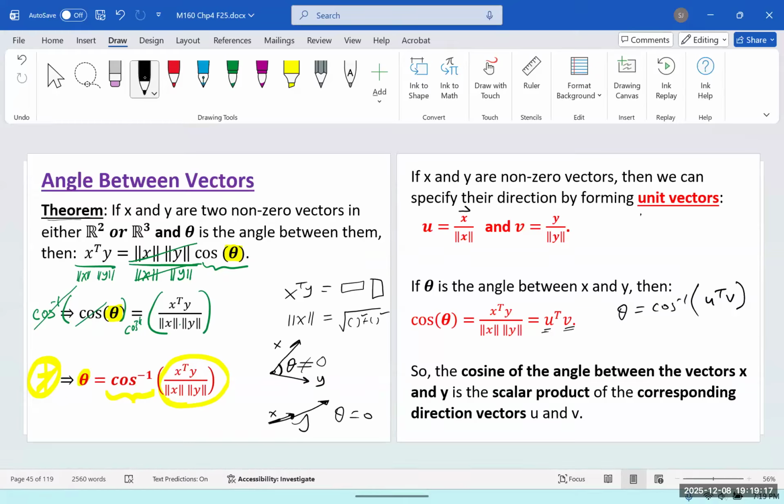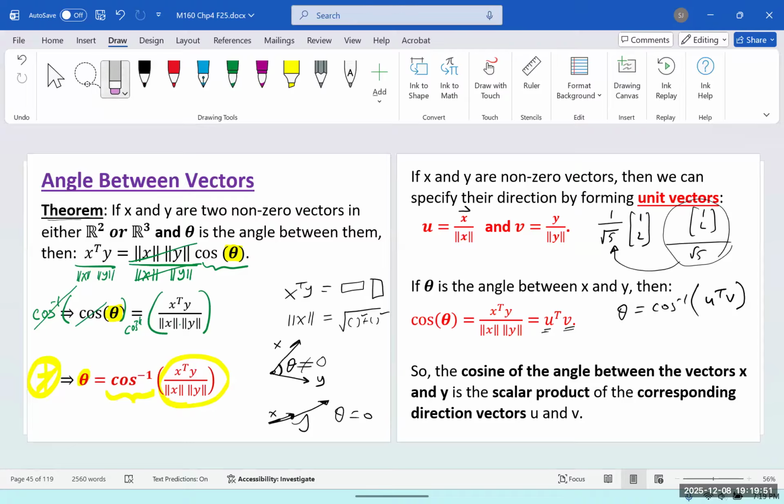For example, if your vector is 1, 2, then we know from before that the norm of 1, 2 is square root of 5. So you are going to divide your 1, 2 vector by square root of 5. This looks weird because we actually don't write it this way. Instead, we write 1 over square root of 5 times the vector.